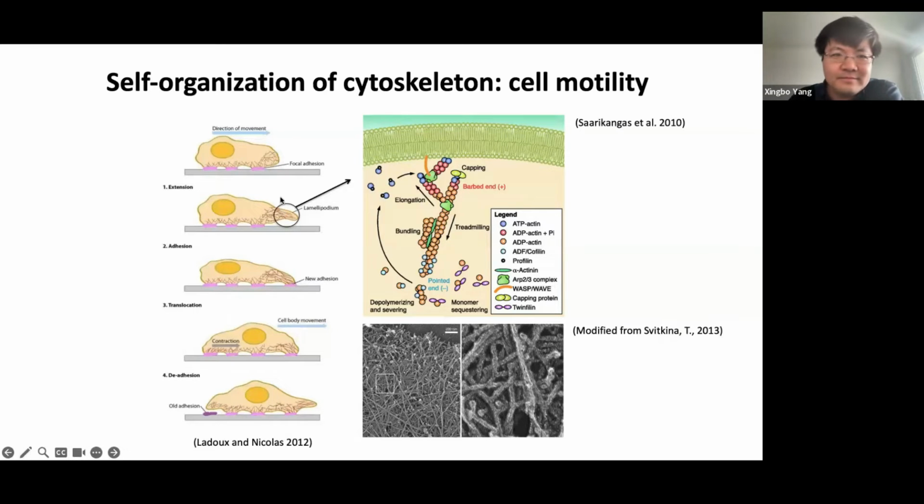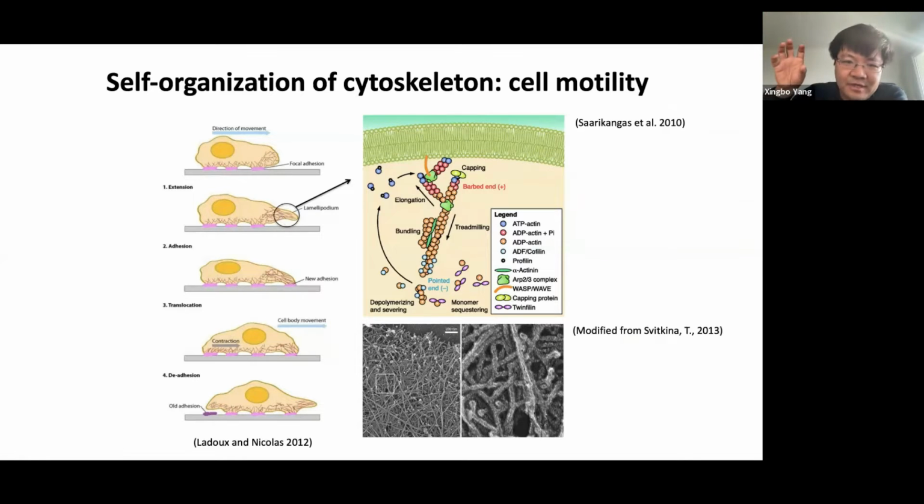How does a cell move? So here I'm showing a schematic of a stereotypical cell movement, where when the cell is moving on a substrate, there are actins at the interface between the cell and the substrate, and also at the cortex. And they form these very dynamic networks, as you've seen in the previous movie, that can polymerize at the front leading edge of the cell and form those lamellipodia structures, which form a protrusion of the cell.